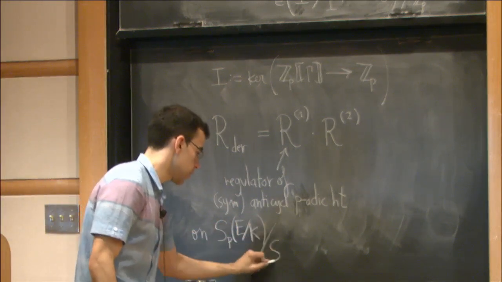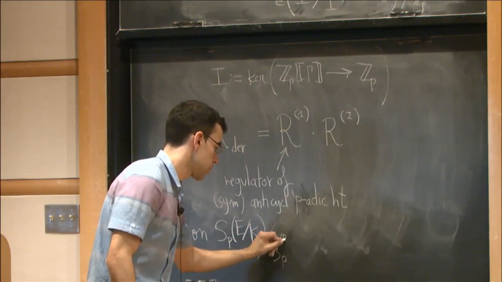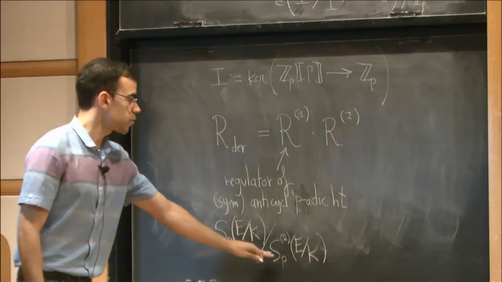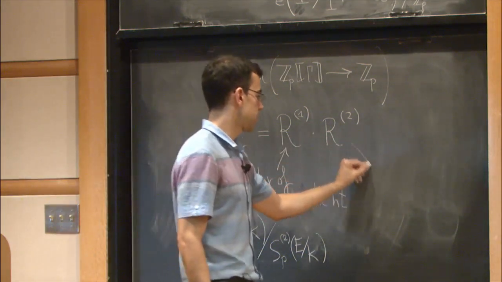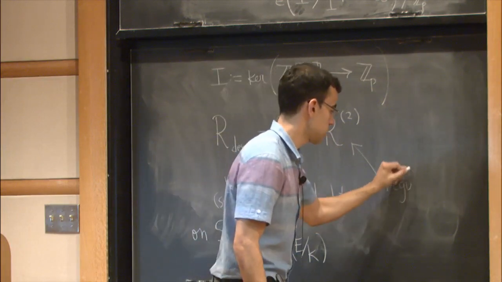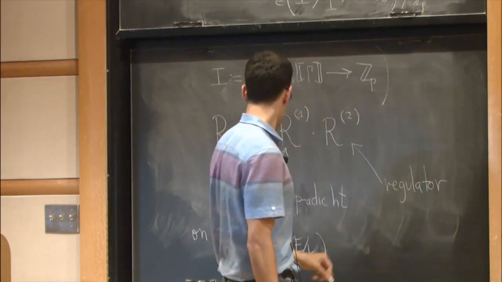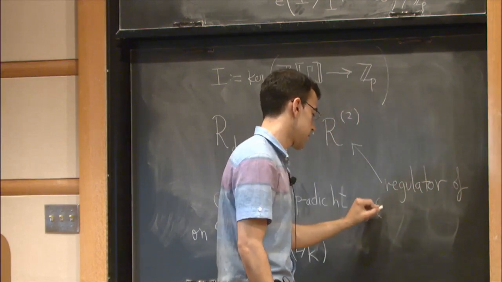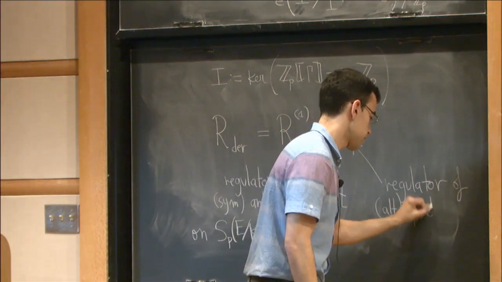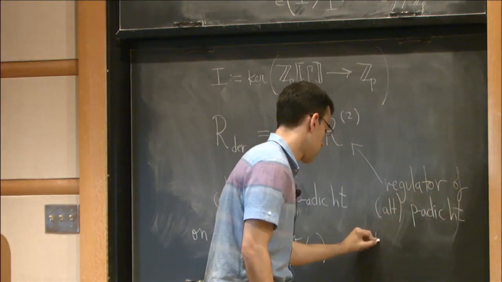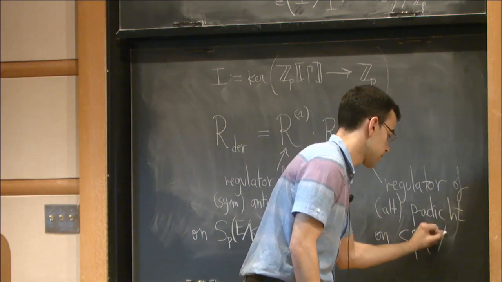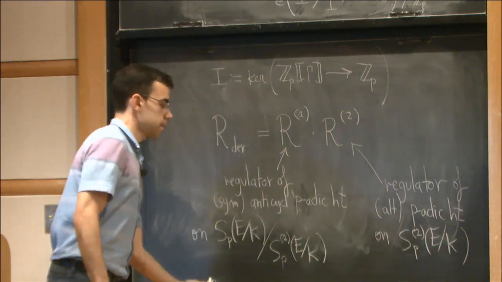So I'll denote by Sp upper 2 the null space of this height. And then on this null space, one has a derived height. That's used to define the second factor here. So this will be a regulator, but now of a pairing that will instead be an alternating p-adic height on Sp2 E over K. And I can say a few more things.